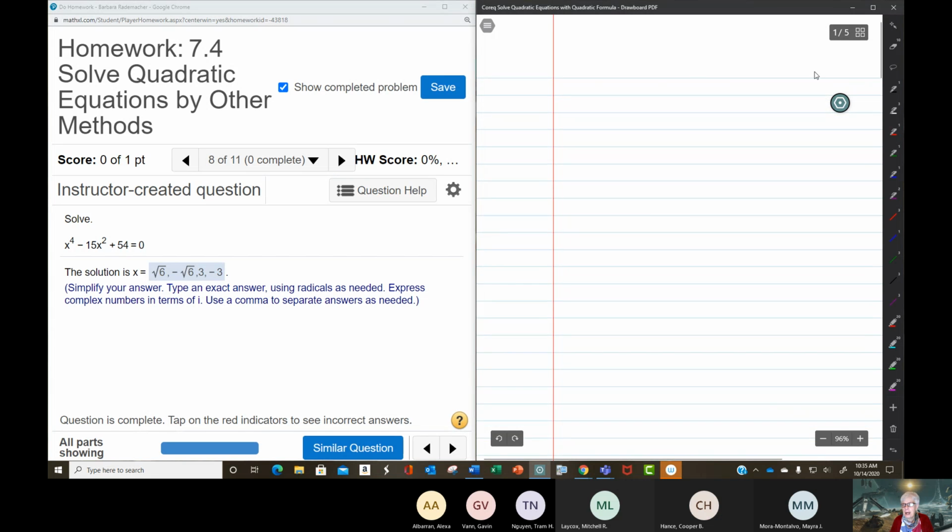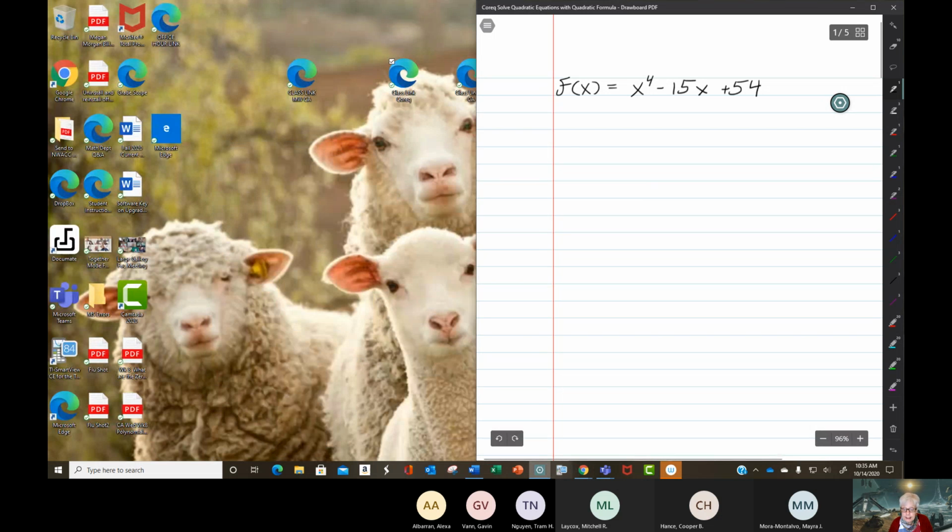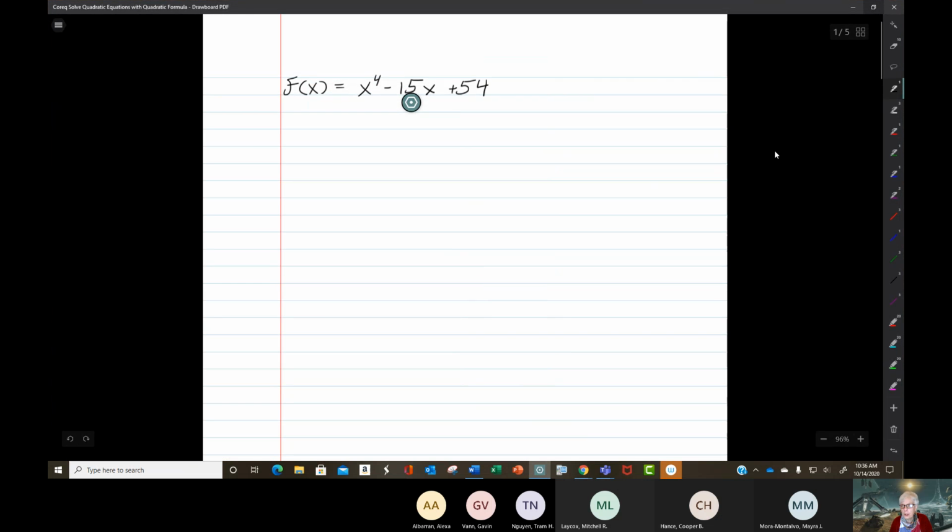We've got f of x equals x to the 4th minus 15x squared plus 54. Now, if you can see the page from here, you realize it's already set equal to 0.